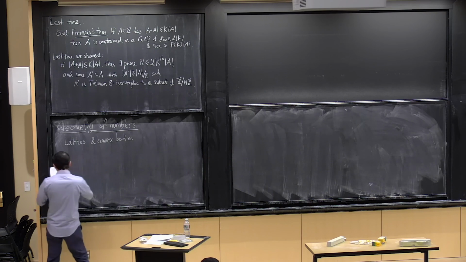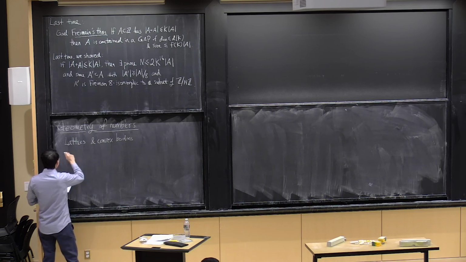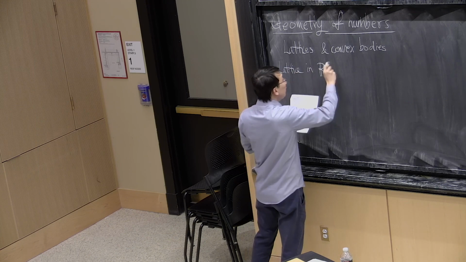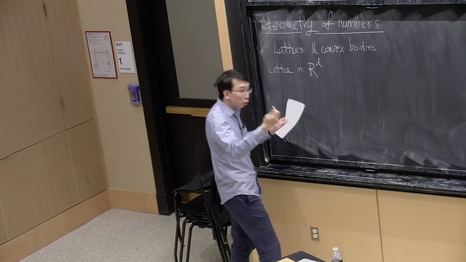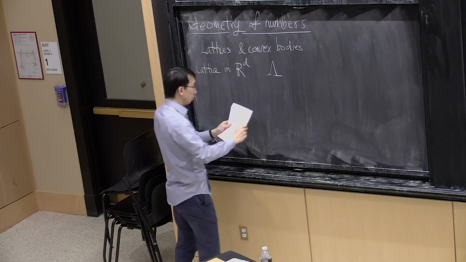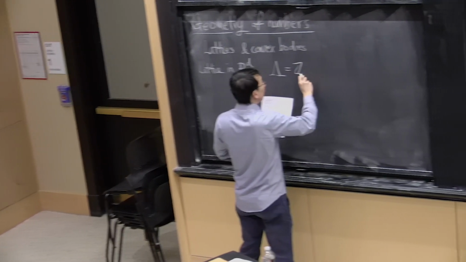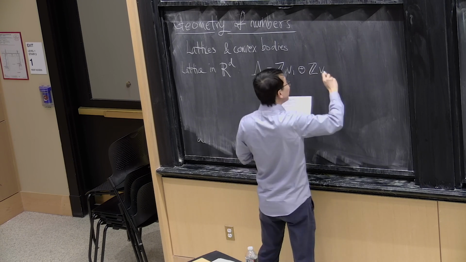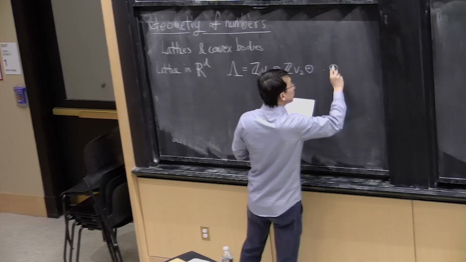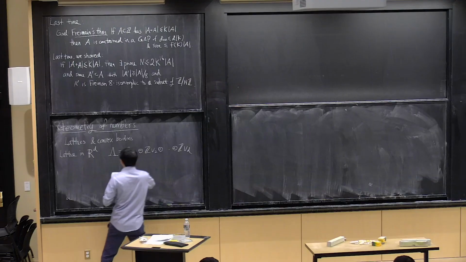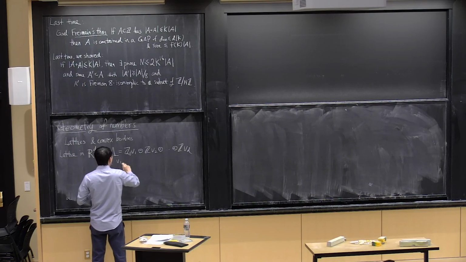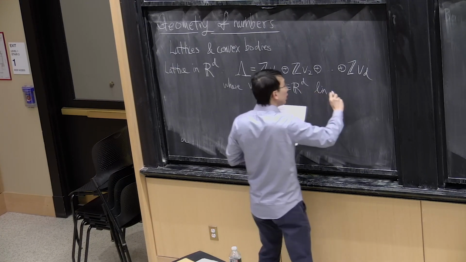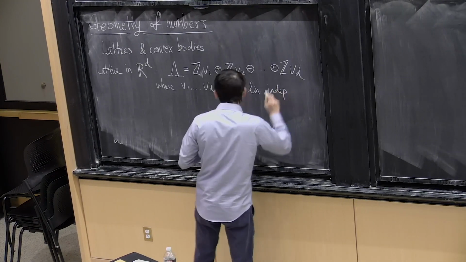So first, what is a lattice? Let me give you the following definition of a lattice in R^d. It is a structure, a group if you will, spanned as an integer span of d independent vectors. So I start with v_1 through v_d, vectors that are linearly independent, and I look at their integer span.